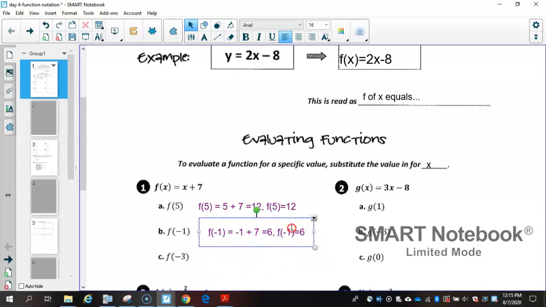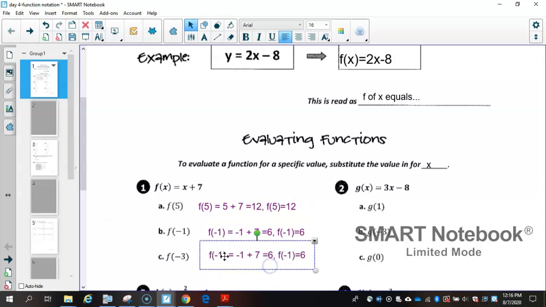Okay, and then let's do this last one where our x value is now -3. So -3 plus 7 is the same thing as 7 minus 3, so that's 4.